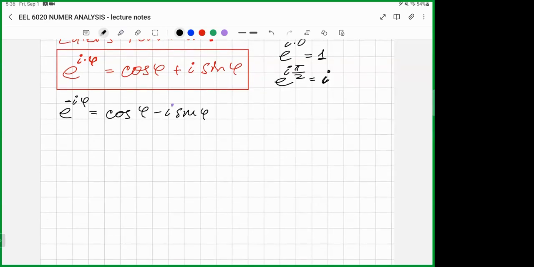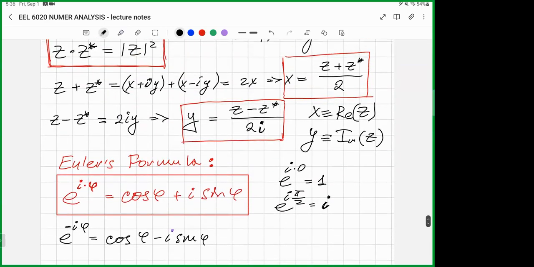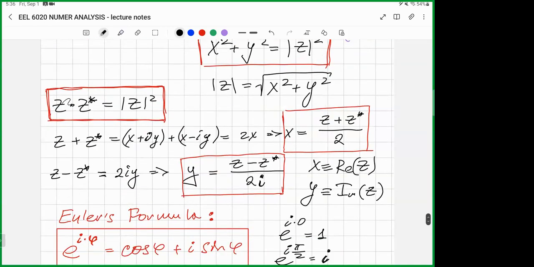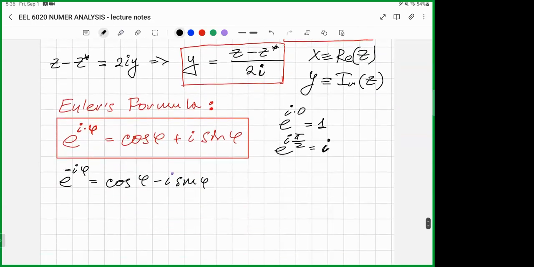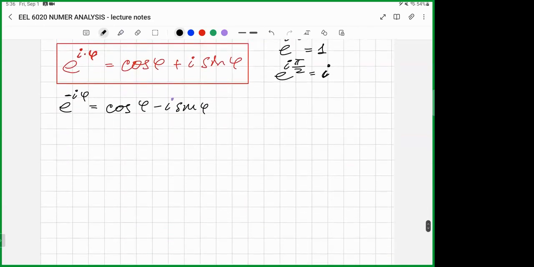Right. And we know that the product of the complex number z and its conjugated version gives us the absolute value squared. So what would we get if we take e to the power of I phi and multiply by its complex conjugated version? I'm supposed to get the modulus of e to the I phi, squared.